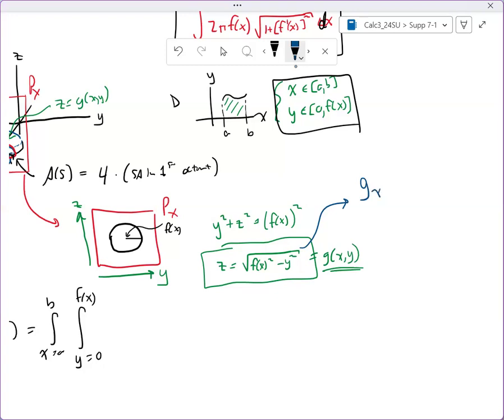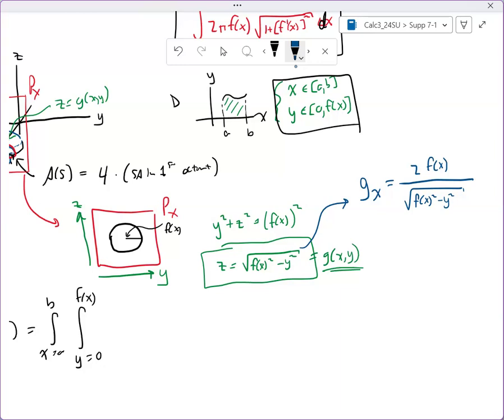So g_x now, my integrand is going to be root g_x squared plus g_y squared plus 1. g_x, I have to be careful here. I have the square root of some stuff with x's in it, so that's going to give me a 1/2 root of stuff times the derivative of the stuff inside with respect to x. That's going to give me a 2 f of x. And easy to leave off, right?